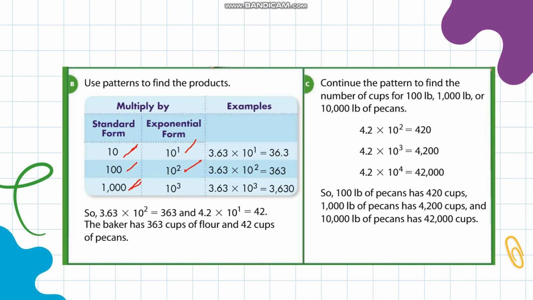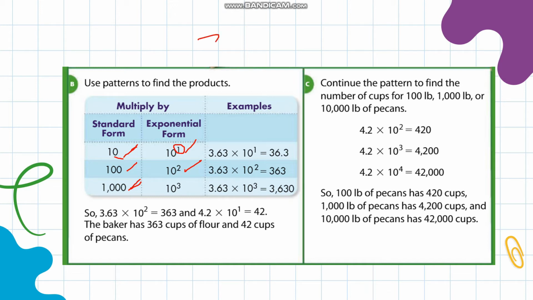So if the given number is multiplied by 10, or 10 to the first power, in 10 we have one 0, and in 10 to the first power we have 1 as an exponent. The number of zeros is the same as the exponent. So in short, the number of zeros is the number of movements from the decimal.